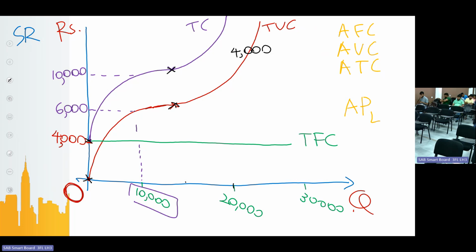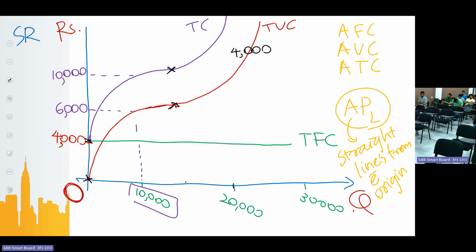How did we do that? We drew straight lines from the origin. And then we measured the slope of these straight lines. The slope of these straight lines was average product of labor, as we did in production theory.